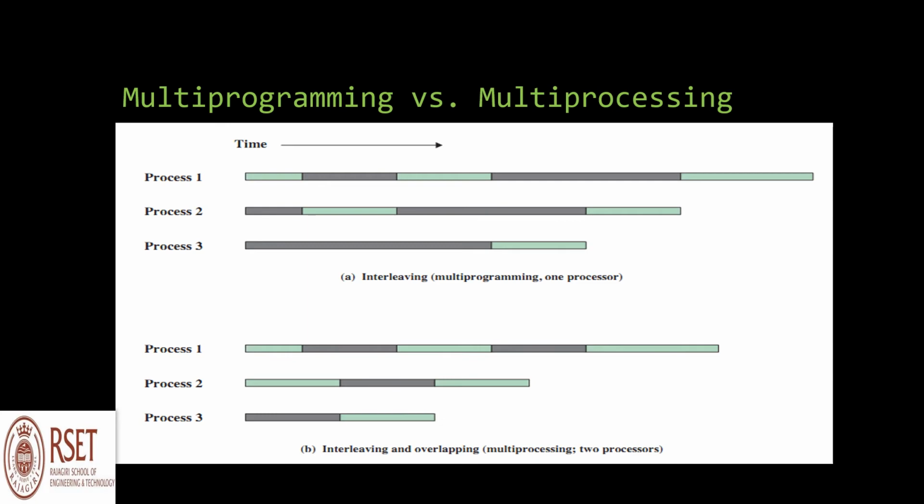Now the duty of the operating system is to pick and begin to execute one of the jobs in the main memory. Whereas in multiprocessor system, as you can see in figure B, there is overlapping that is happening, which means multiprocessing system will be having several CPUs in close communication, and therefore it will be performing every operation in parallel.